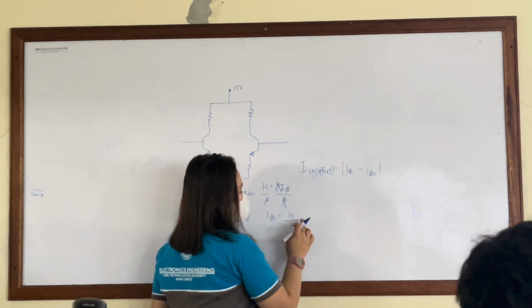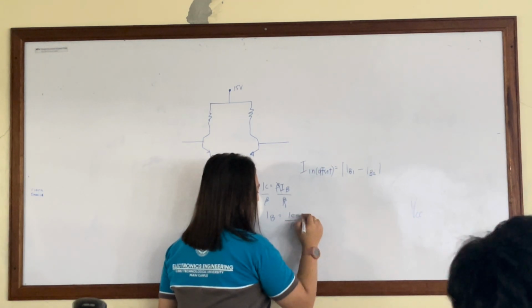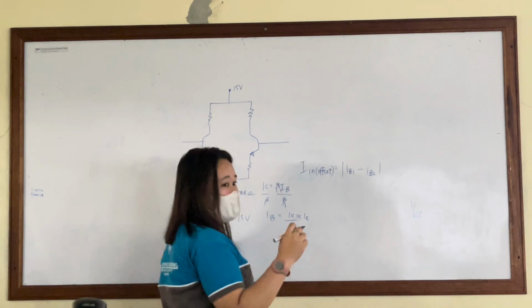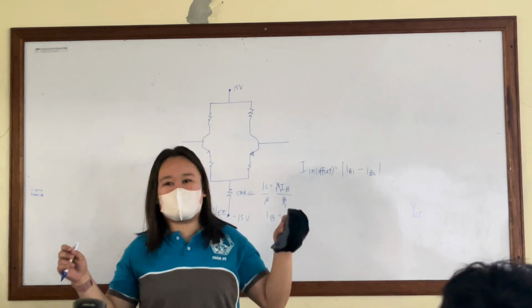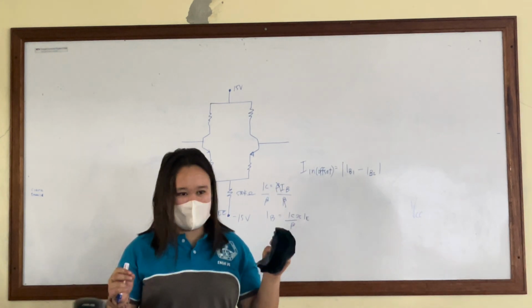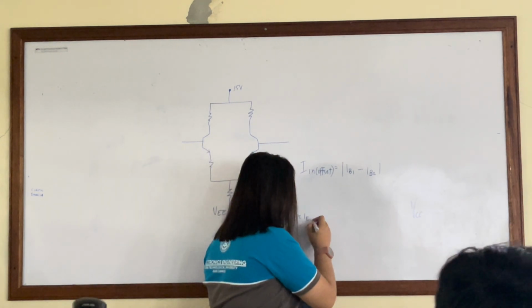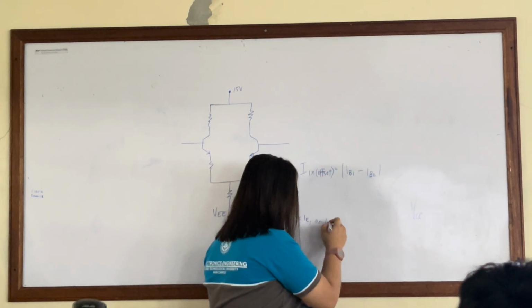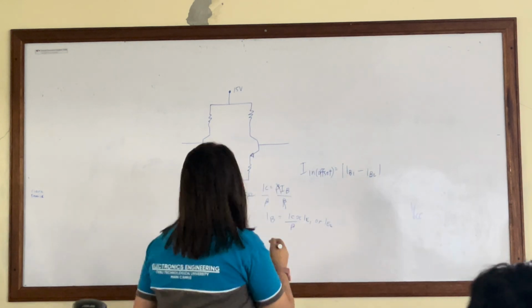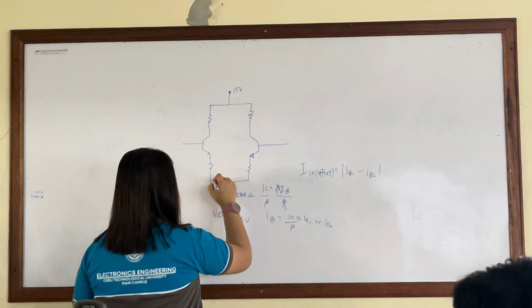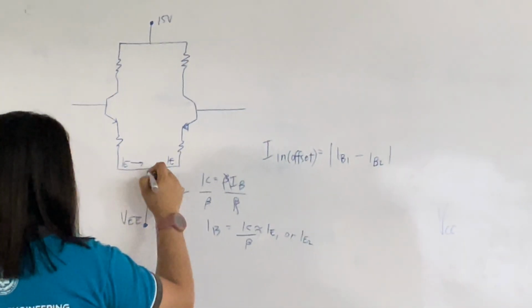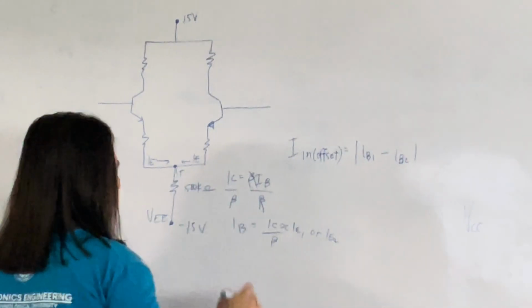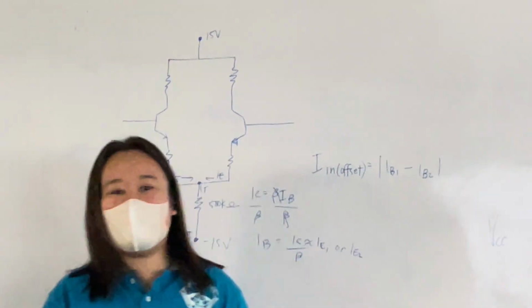IC is very much equal to our IE. This IE is the IE of each transistor, meaning IE1 or IE2. In our amplifier, the combined current is called IT, or the tail current.